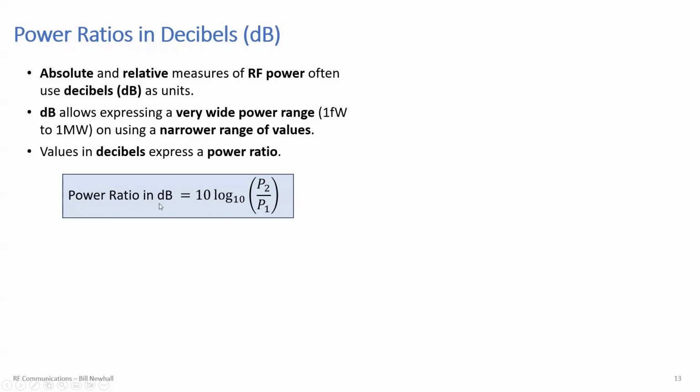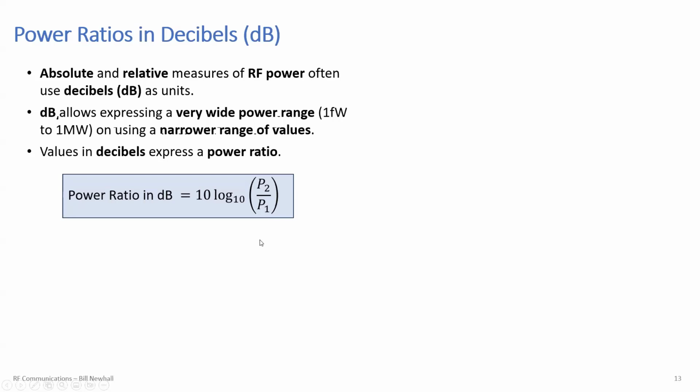But a power ratio in decibels is this: 10 log base 10 of two powers. You're expressing a ratio of power 2 compared to power 1. It's a decibel because of this 10 out front. A bel, which we never use, would be just log base 10 of a power ratio. We typically use decibels, which is 10 log 10 of the power ratio.